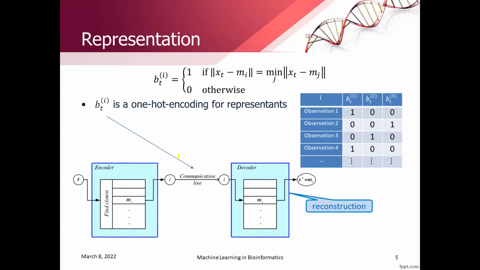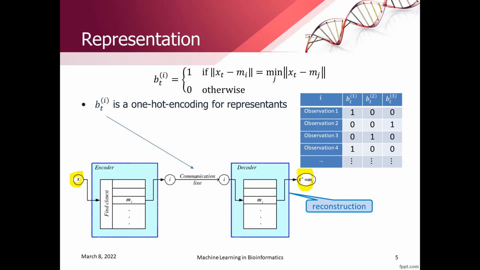Let us suppose we have some observations, and we would like to transfer the observations from the left to the right. For communication, we can use some very limited communication channel, so we can communicate very few different values. For one vector, we can communicate just one value, one number between 1 and some constant k, for k-means clustering.